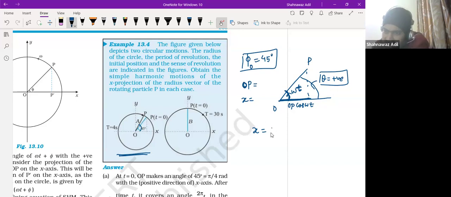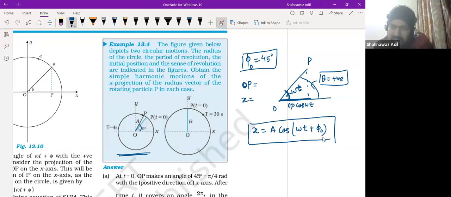So this would be A cos of omega t plus phi naught. This would be the projection. Is it clear?